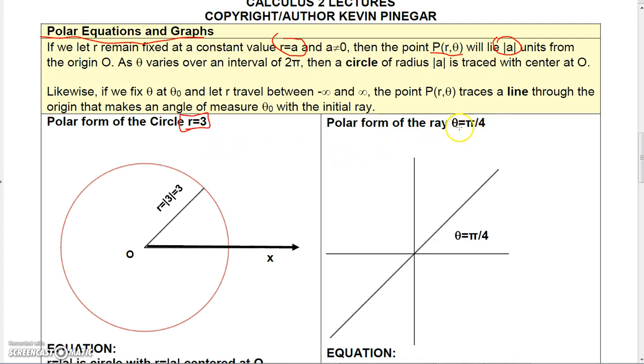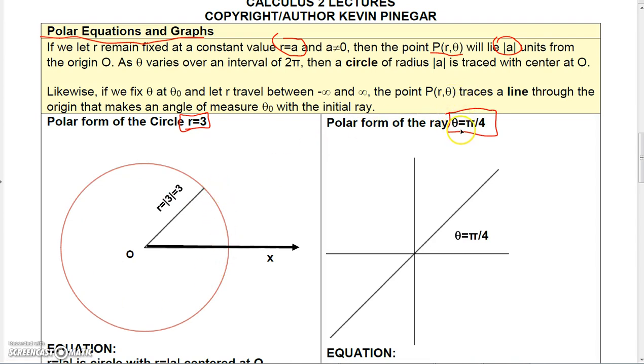Now to get a line, you can get a line through the origin by choosing an angle. So if you choose an angle of theta equal pi over 4, notice there's no angle range given here, so the angle's allowed to go from 0 radians to infinity radians if you just let it keep going.